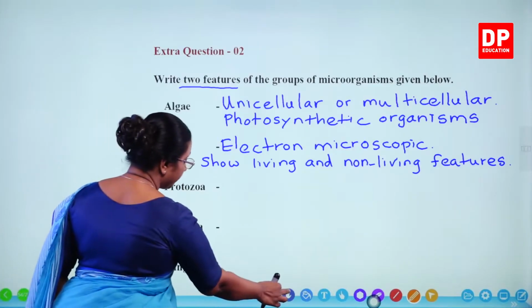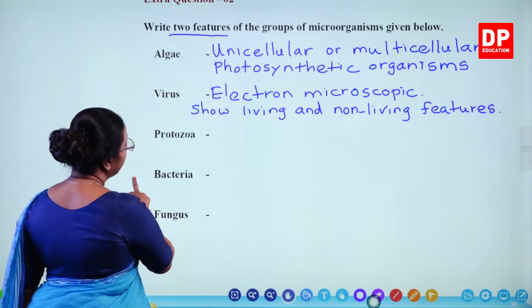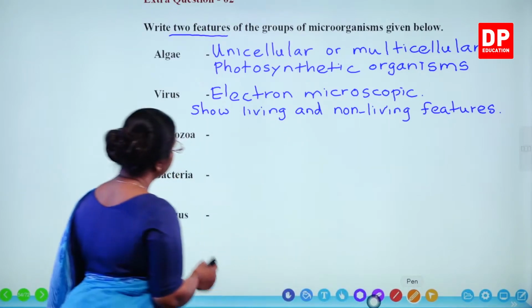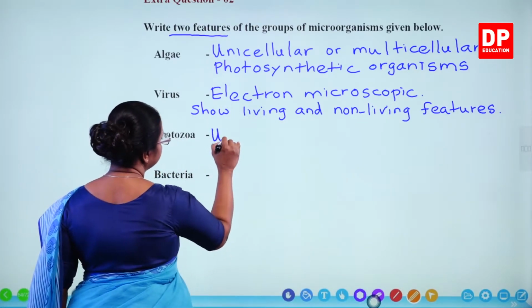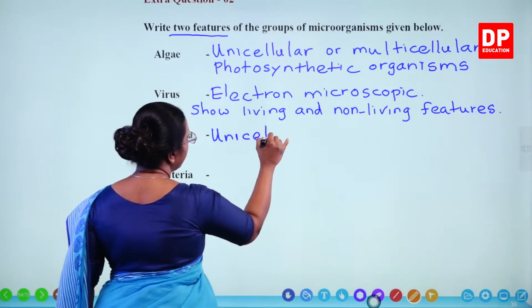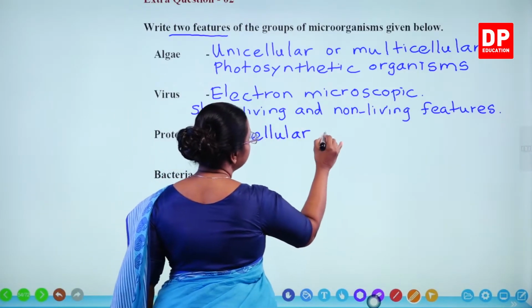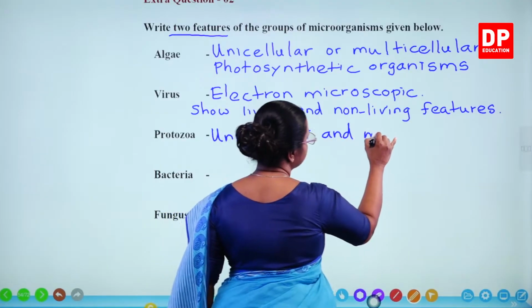Then the next one, protozoa. What can you say about protozoa? They are all unicellular and microscopic.